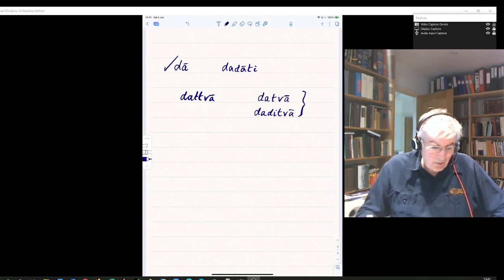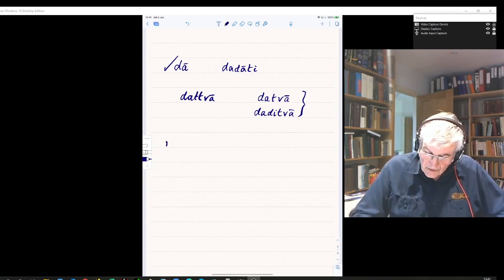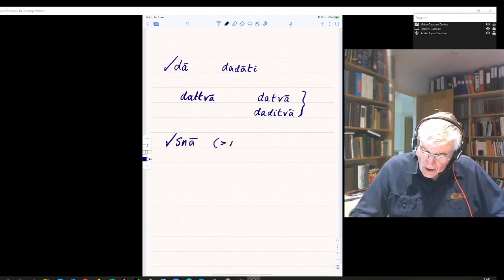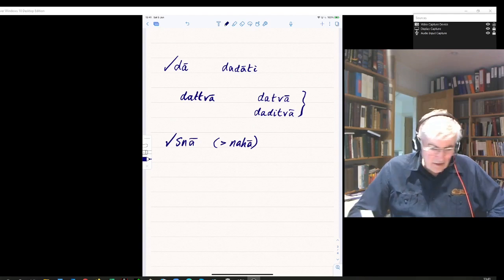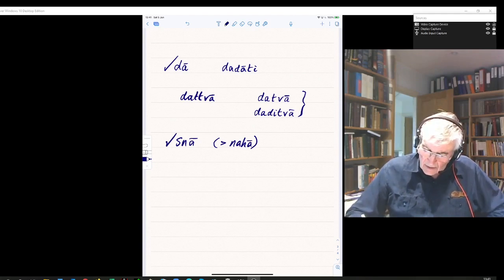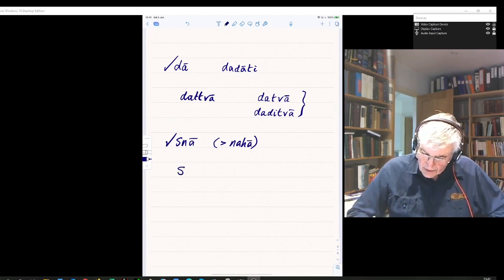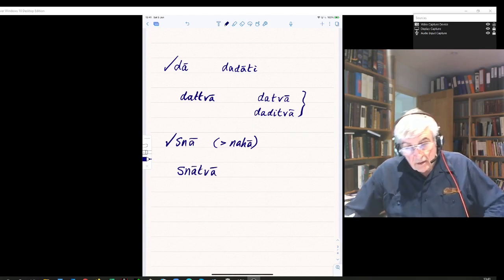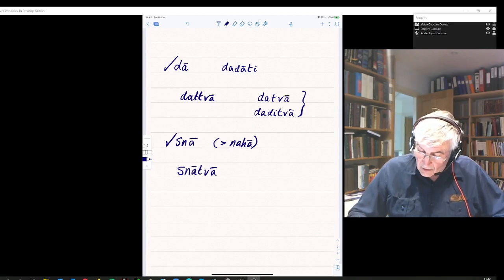The same with the next one, nahayati. The Sanskrit root actually is sna, that becomes naha, meaning to bathe. So in Sanskrit, having bathed is simply quite regular snatva, having bathed. In Pali, you can form it in two ways. So he bathes, that is nahayati.